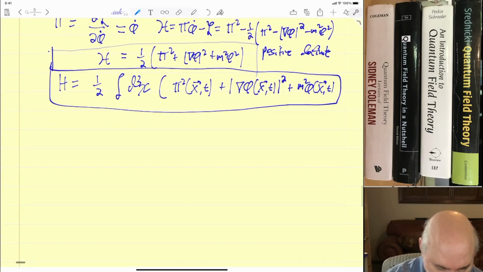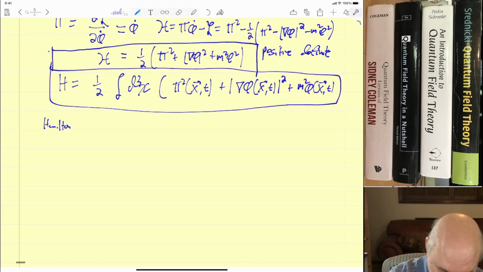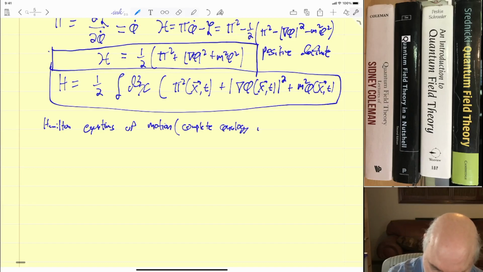Okay. Now, in complete analogy with classical particle mechanics, we're going to have phi dot is equal to, I'm going to write functional derivatives here and explain why in a second, because we're going to need this.